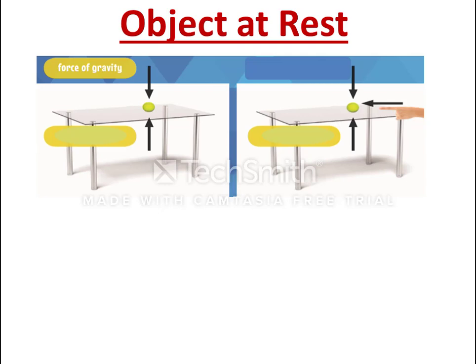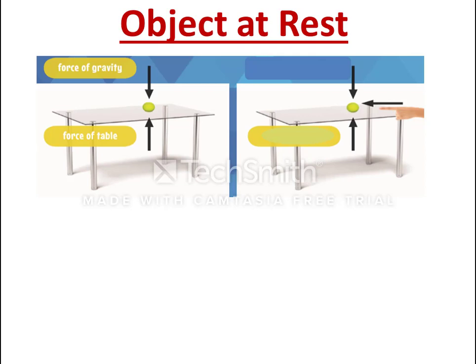This is the force of the table. I just lifted it from the surface of Earth, from the ground, to a higher place. So the table is keeping it up. So the table is pushing the ball up, and the gravity is pushing the ball down.